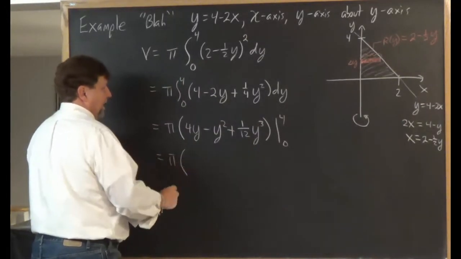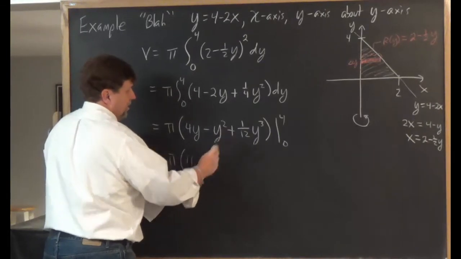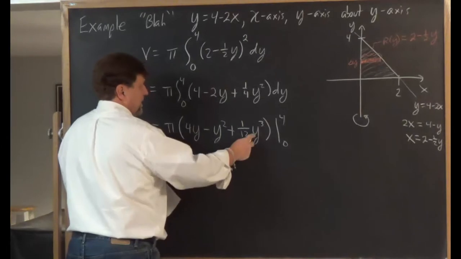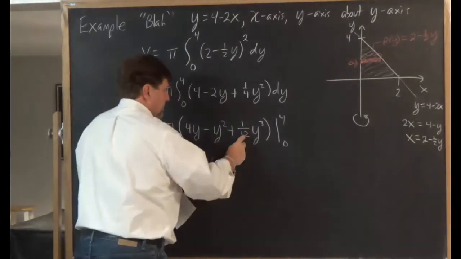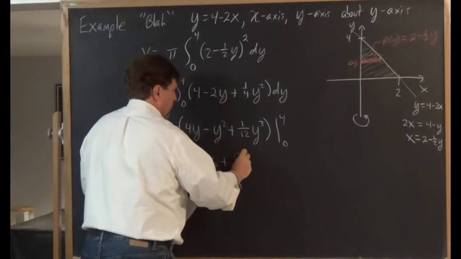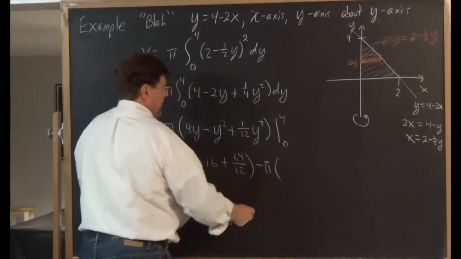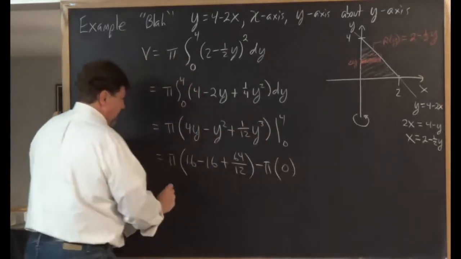So we have pi, put a 4 in, so we have 16 minus, ooh, that's nice, 16 minus 16 plus, let's see, 4 cubed is 64. So 64 times 1/12, that's 64 twelfths, minus pi times, and now 0 comes in for the y's, and we get 0.